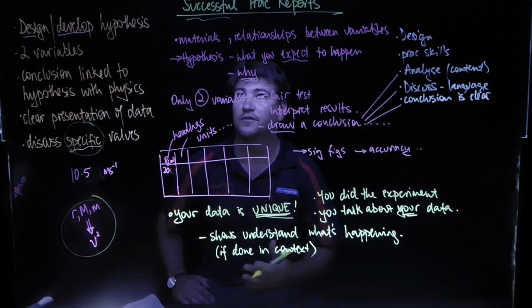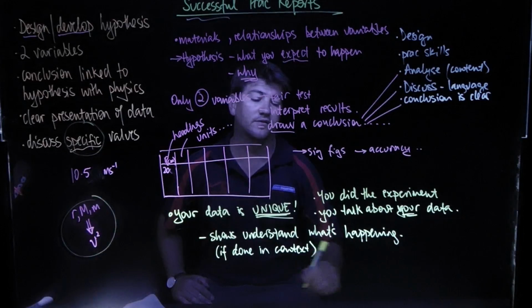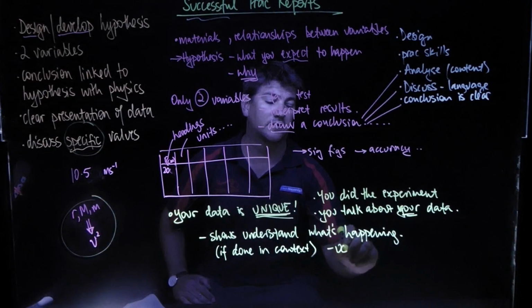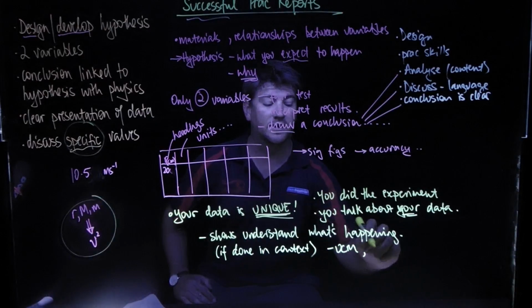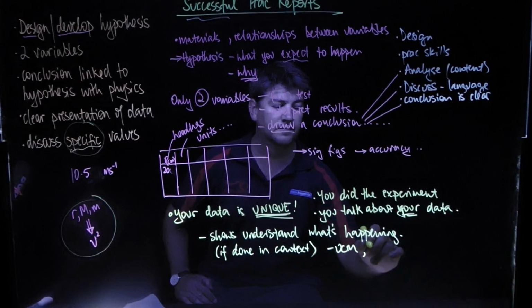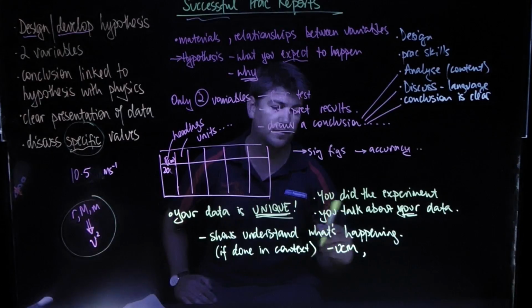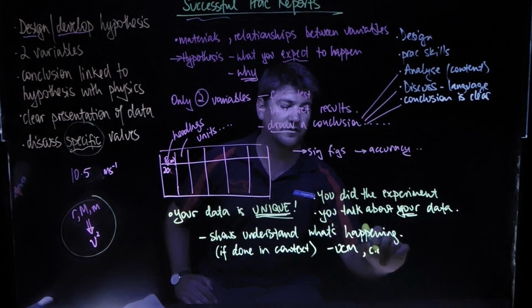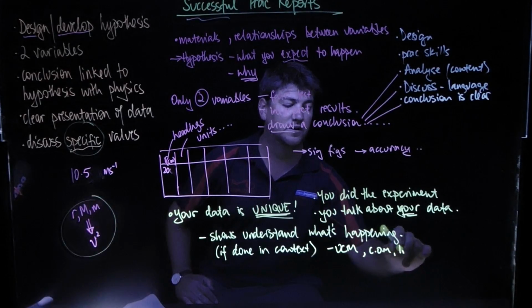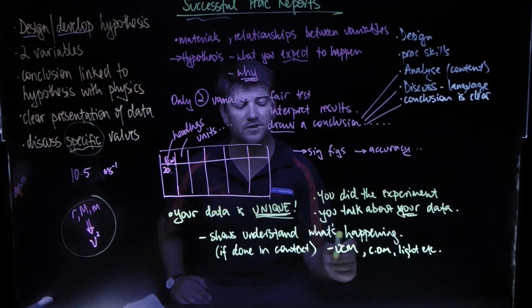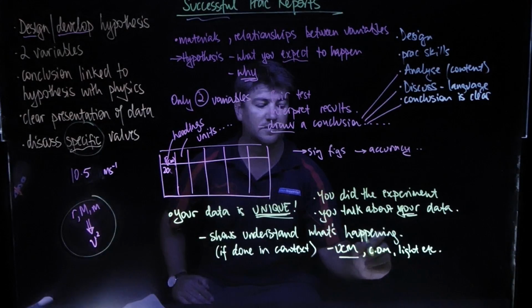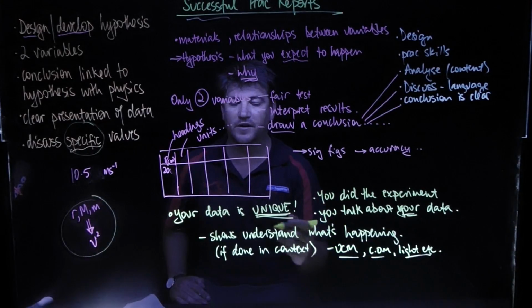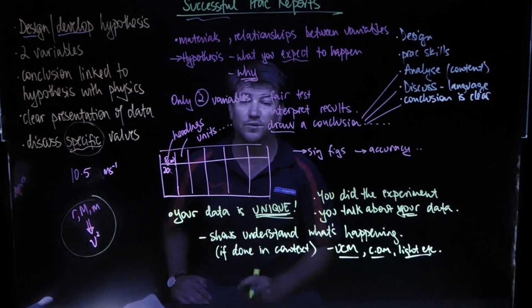And you're able to tell me a little bit more about this experiment and uniform circular motion in case of the first one, or what are we doing next? Conservation of momentum, or light, etc. Throughout the year, you're able to relate what you've done to the content, because you're able to talk about specific data that's unique for you.